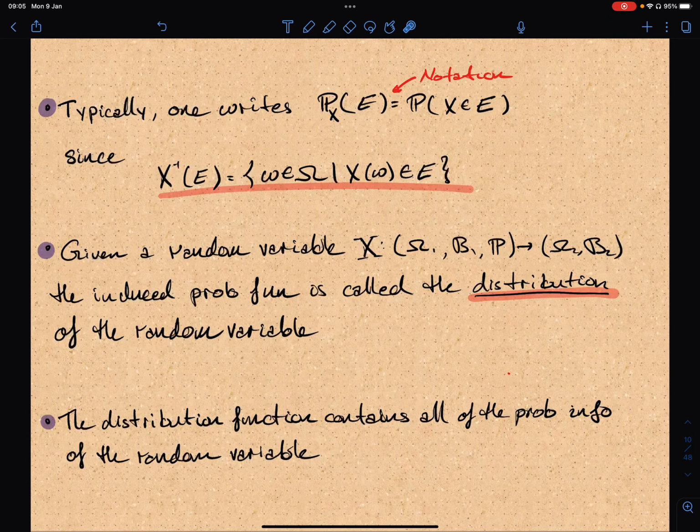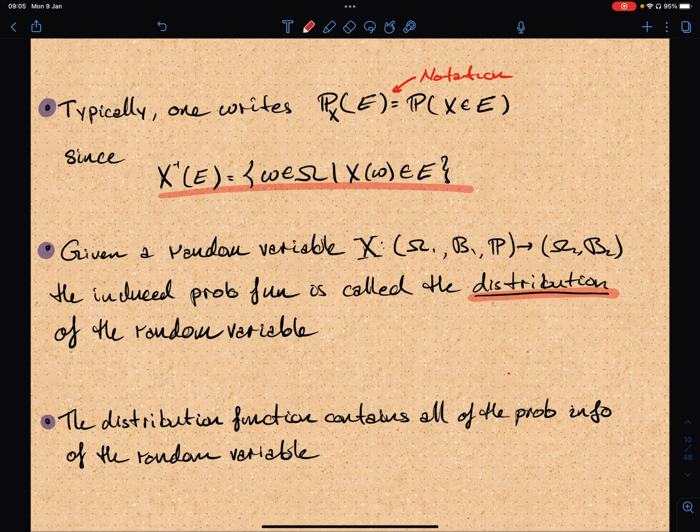So let's continue. For convention, this probability function induced by x is typically written in shorthand as P that x is in E. This x is in E, you should think about it as the pre-image of E under x.